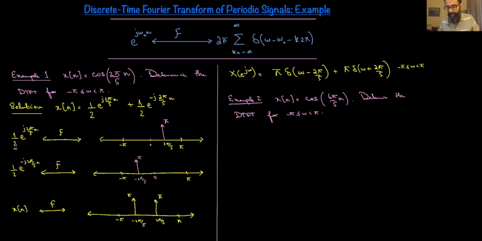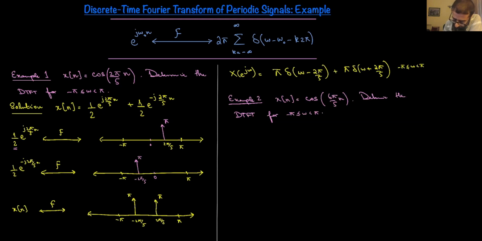The only difference is that the Fourier transform for this is going to correspond to an impulse, but that impulse at 6 pi by 5 does not reside in the interval minus pi to plus pi.